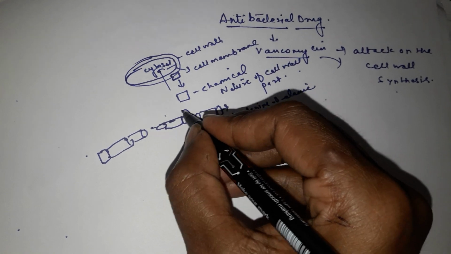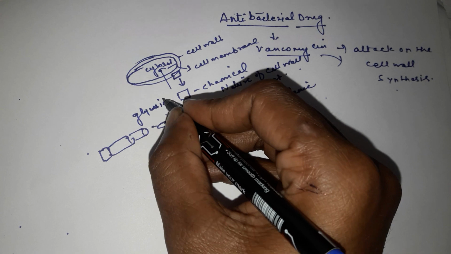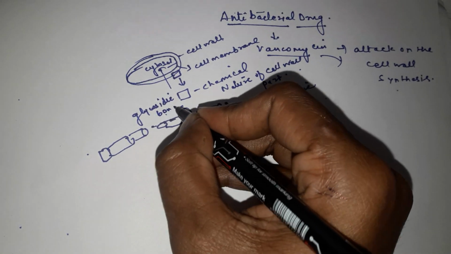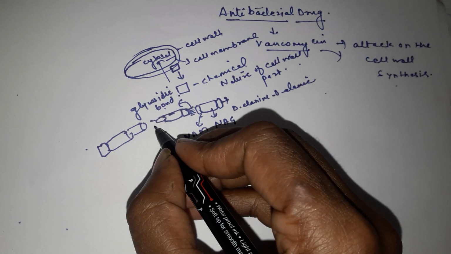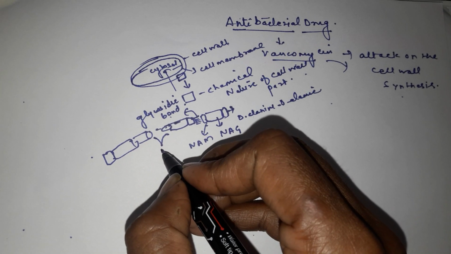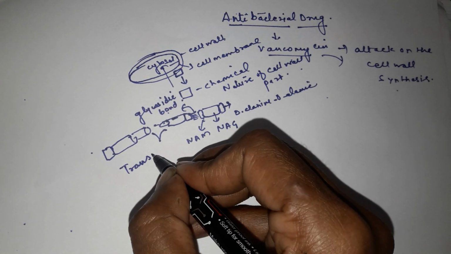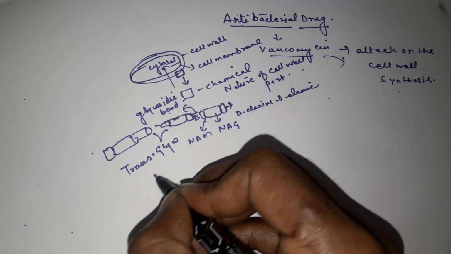This fibrous structure is known as the glycosidic bond. Again in this part, these two units are called transglycosylase.